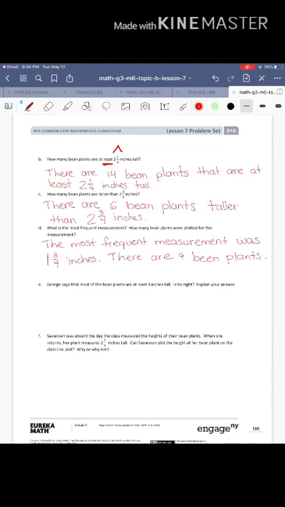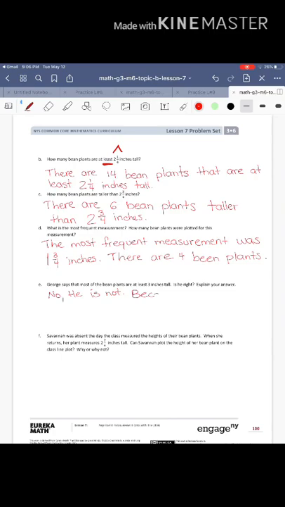Let's look at the question. It says, George says that most of the bean plants are at least 3 inches tall. Is he right? No way. No, he is not. Why?